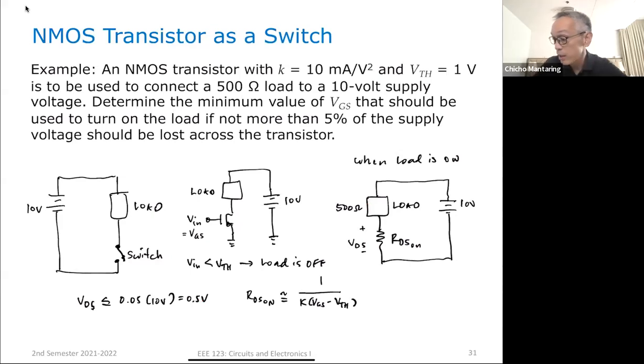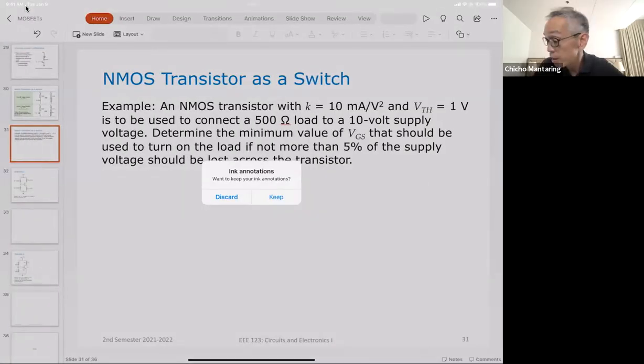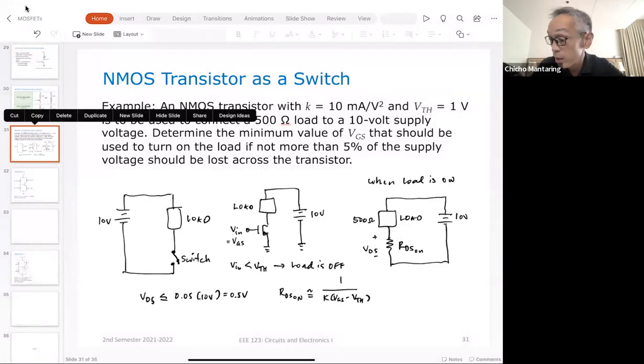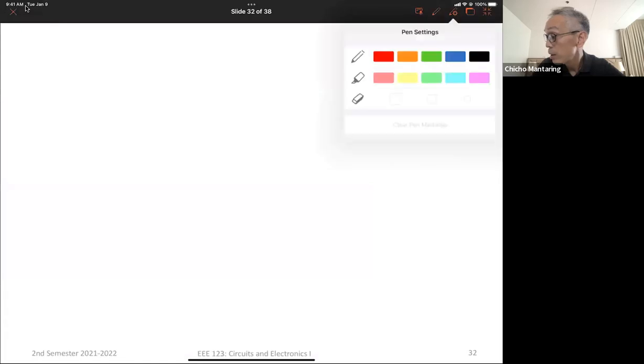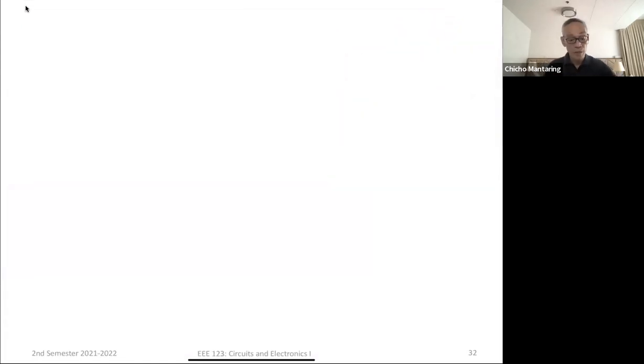I need another sheet. So, balik tayo. We have 10 volts. This is my load, which is 500 ohms. This is RDS on.